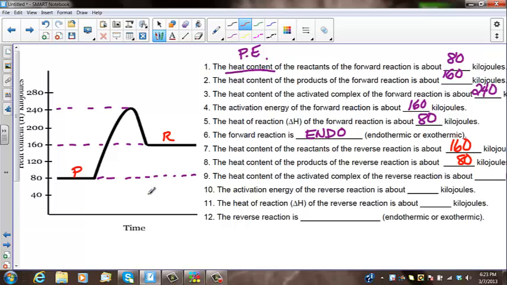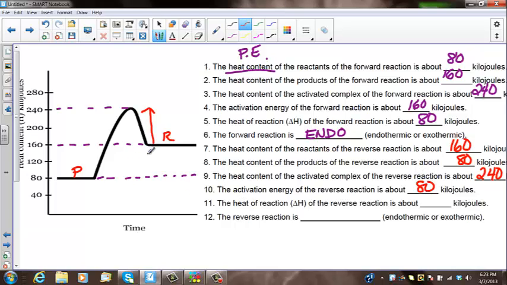The heat content of the activated complex is not changing, so that's 240. The activation energy now is from here to here. So the difference between 160 and 240 is going to be 80 kilojoules.